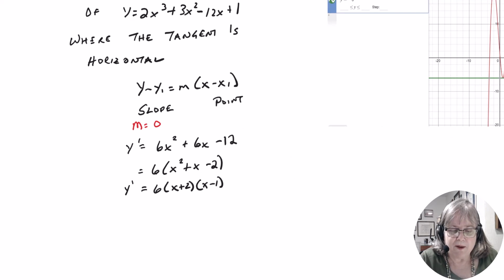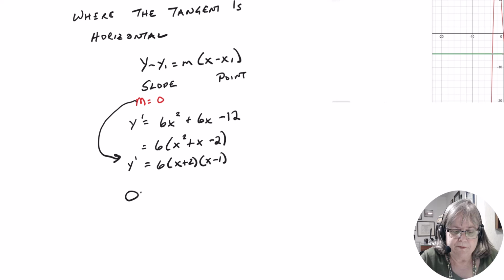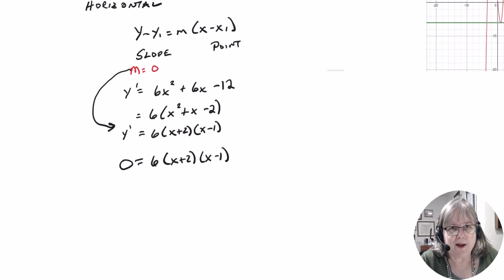And wait a minute, we said the slope was 0, right? 0 equals 6 times (x plus 2) times (x minus 1). And this you know how to do from algebra. 6 can't be 0, but x plus 2 could be 0, or x minus 1 could be 0. So x is minus 2, x is 1.